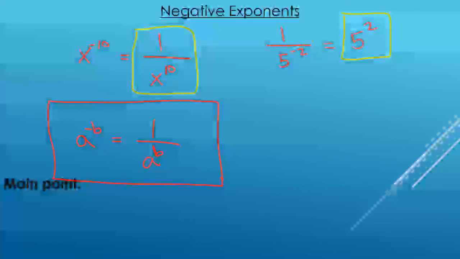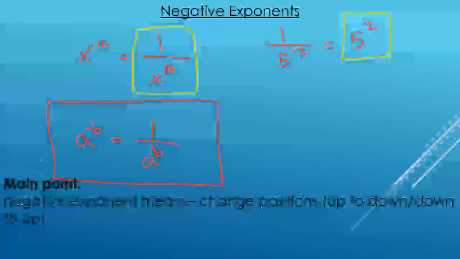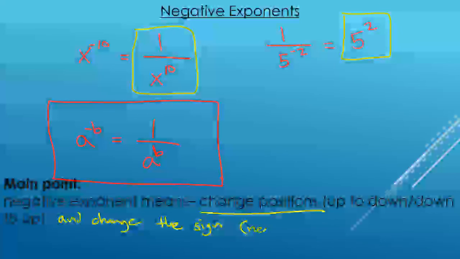So whenever you see a negative exponent, the first thing we should do is change its position and then change its sign. Main point at the bottom: negative exponent means change positions, and change the sign, meaning it's no longer negative. We're making it positive. Negative changes to positive.